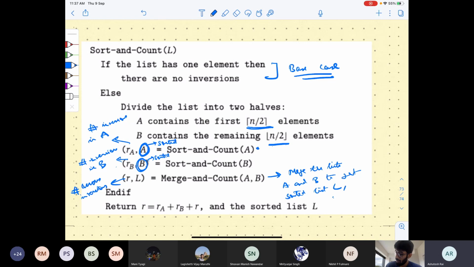No? Okay. Good. So this is what we do, and then we add the numbers. This is the number of inversions in A, this is the number of inversions in B, and these are the cross inversions. So return the sum of all three. Okay. So this is the sort and count procedure.